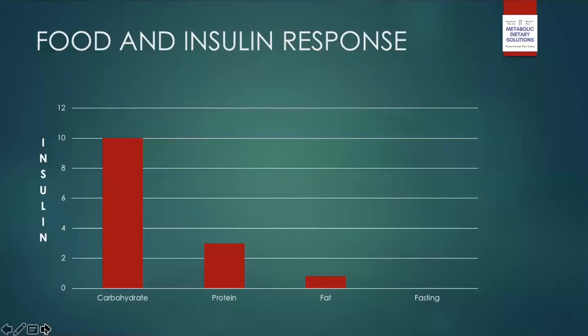Next is protein, and least of all is fat. However, if you don't eat anything at all, your insulin doesn't go up. So like I said way back a few slides ago, insulin is your fat fertilizer hormone. So if your insulin doesn't go up, what happens? You start losing fat.